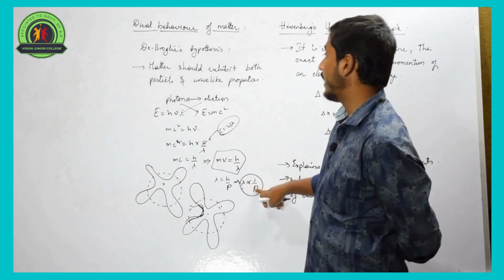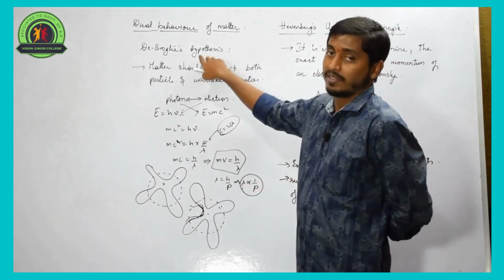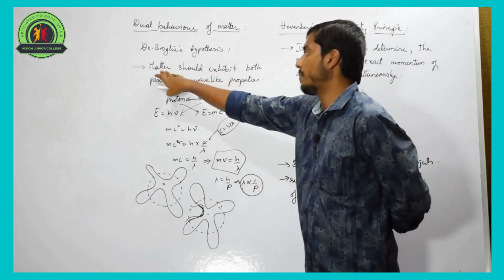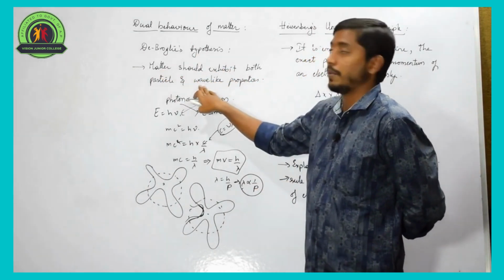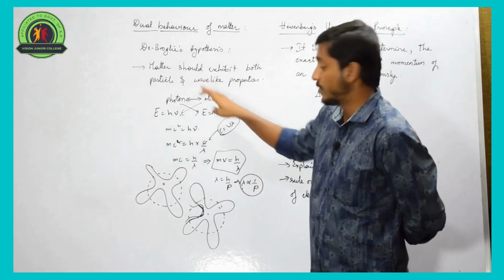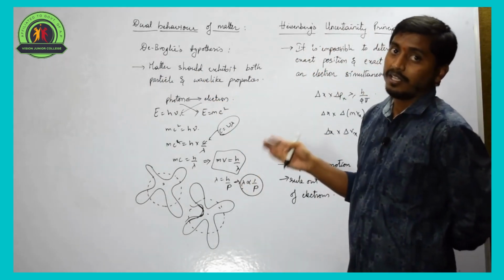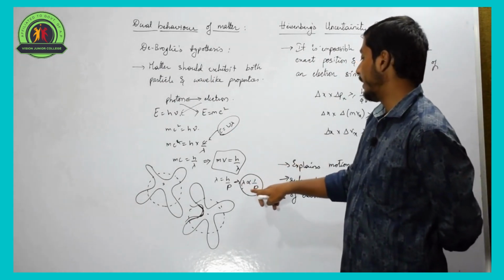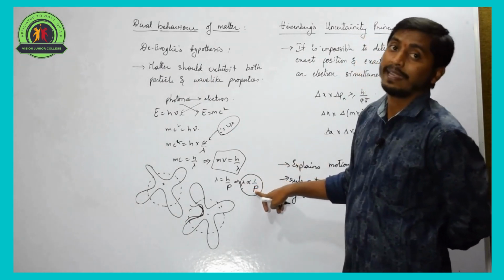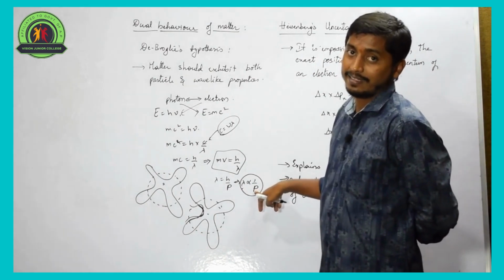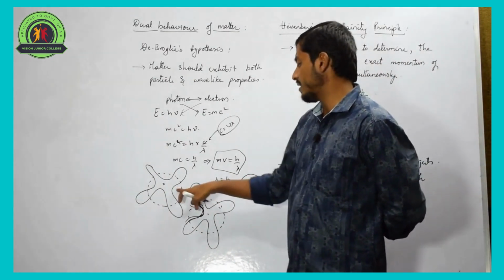This is what he explained: from the de Broglie hypothesis, whatever the particle, it should have particle and wave-like properties, which means the wavelength of that wave-like structure depends on the momentum of the particle.